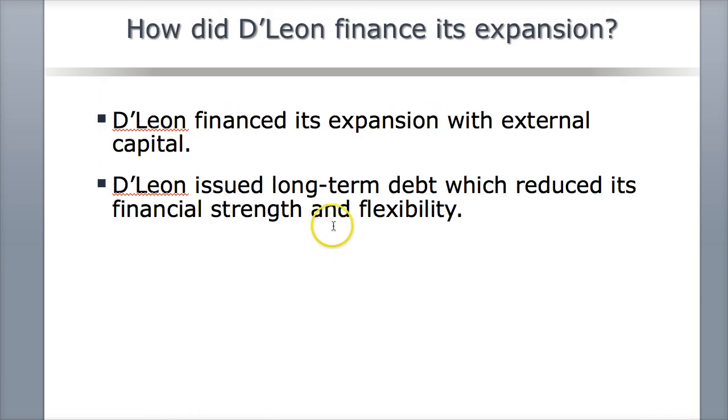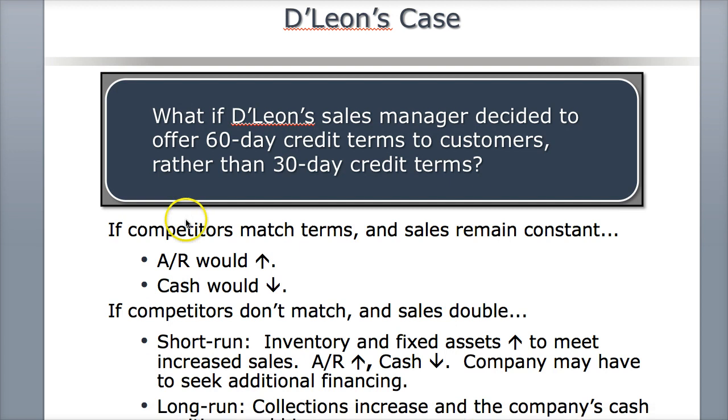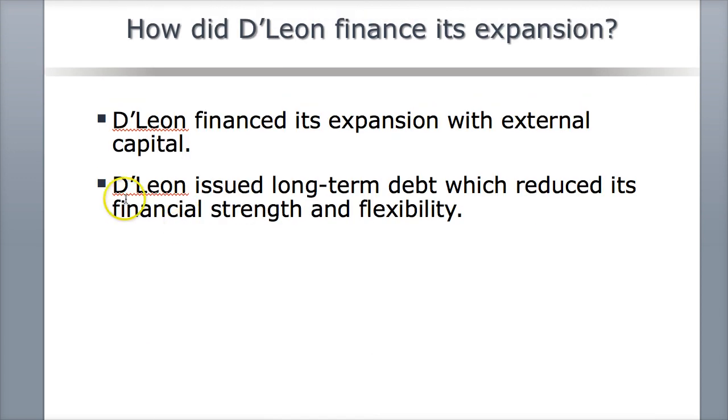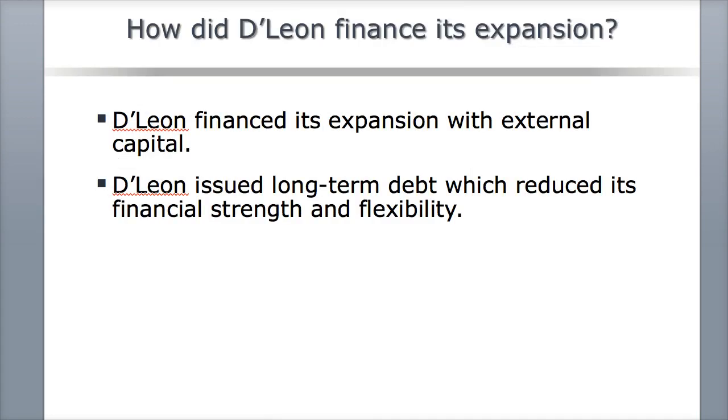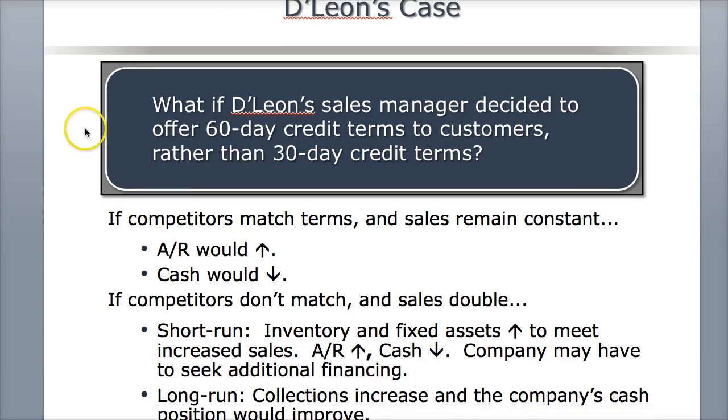So continuing with this. Okay, sorry, I'm just trying to get the slide to fit. Okay. So if the sales manager decided on 60-day credit terms to his customers rather than 30 days, and competitors match terms and sales remain constant, of course accounts receivable would go up and cash would go down.